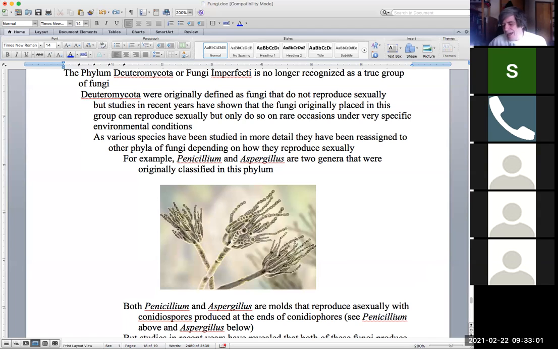So right now we haven't quite mastered the process of getting penicillin to reproduce sexually as often as we would like. But hopefully at some point in the future, we'll be able to do that. Yeah, we have limited success at this point, but not enough that it's very economically feasible. So it's still mostly something that we're doing in a laboratory situation rather than industrially.